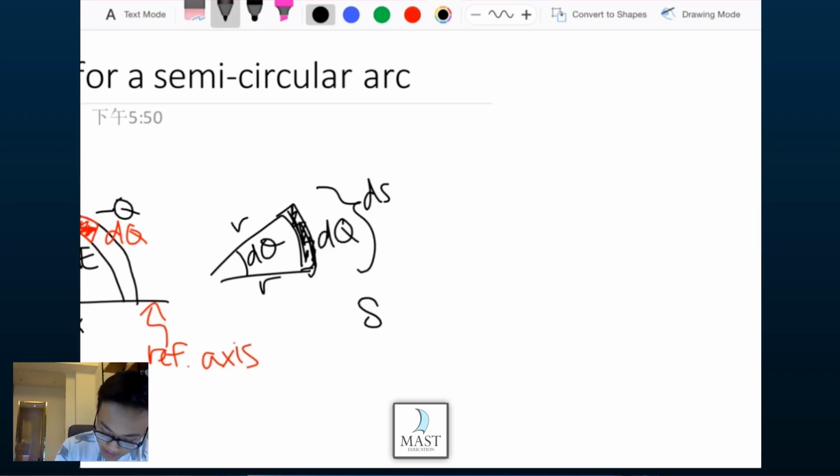So we know that s equals r theta, which means that ds will also equal r d theta.